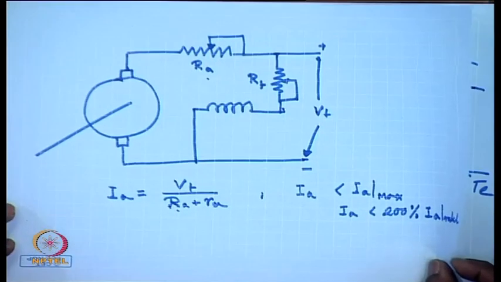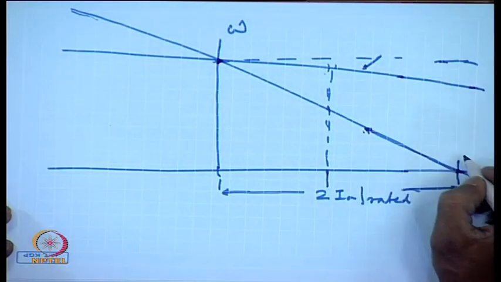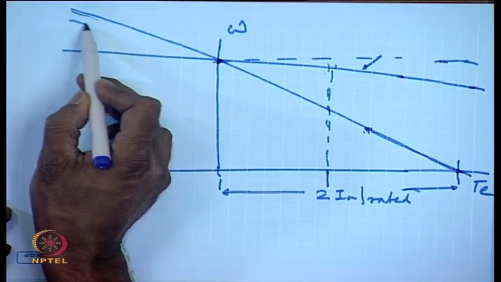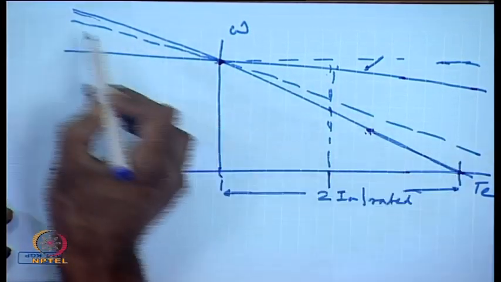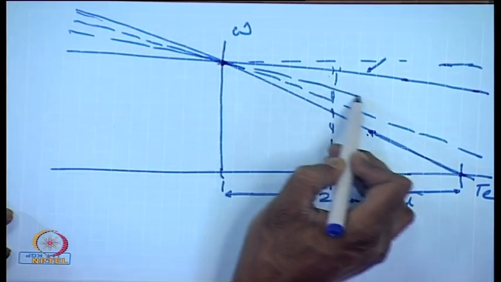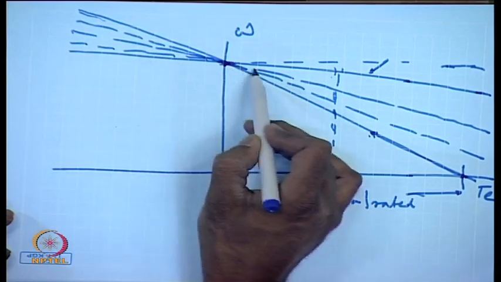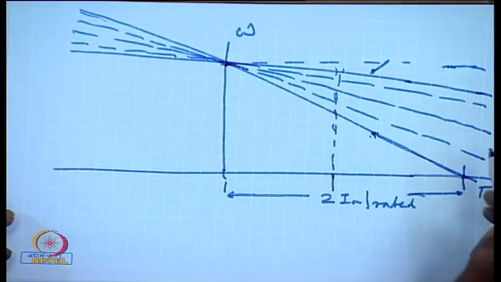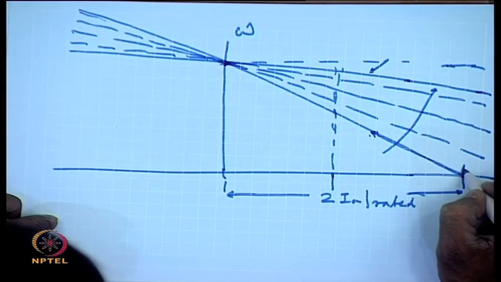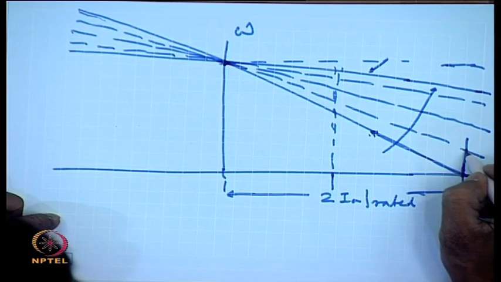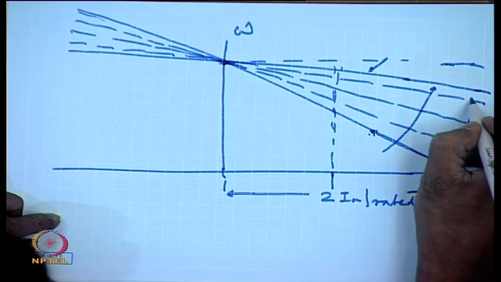If one uses a rheostat in the armature circuit, and adjusts it as the motor speeds up, we keep changing the resistance so that the current remains more or less constant at its initial value up to the point where it has almost reached steady state.